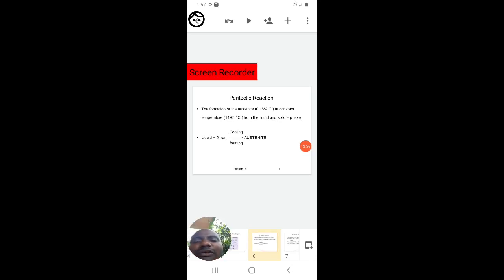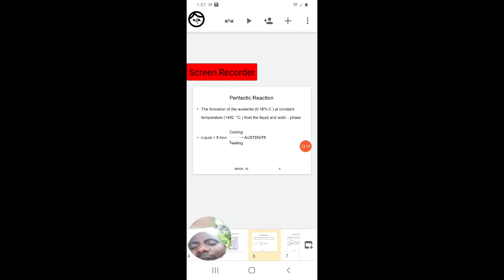In the delta iron, this peritectic reaction takes place with the formation of austenite at 0.18% of carbon at the constant temperature 1492 degrees centigrade. From the liquid and a solid phase it gives rise to another type of solid. So liquid plus solid gives rise to another type of solid, which is known as the peritectic reaction.